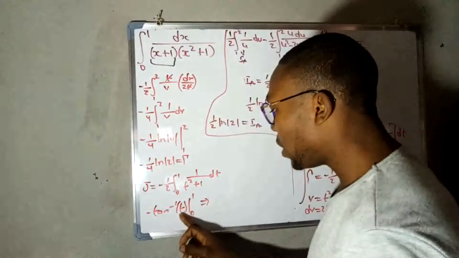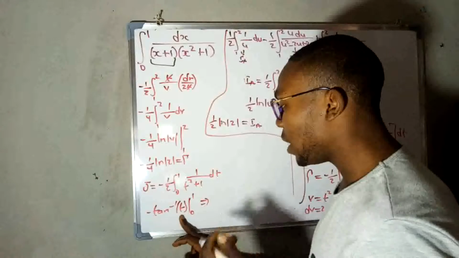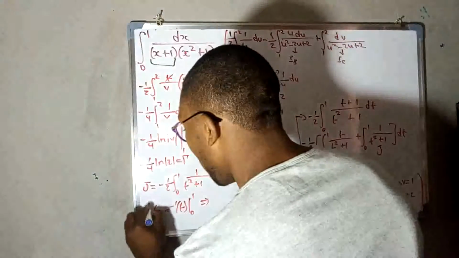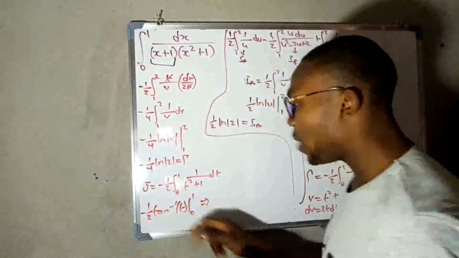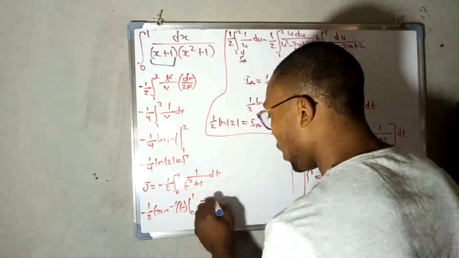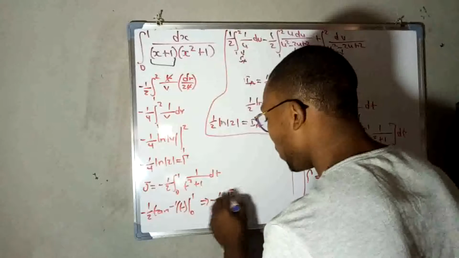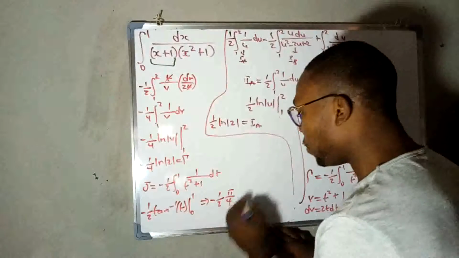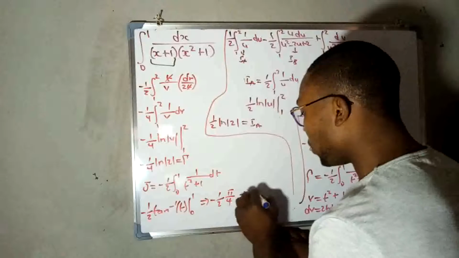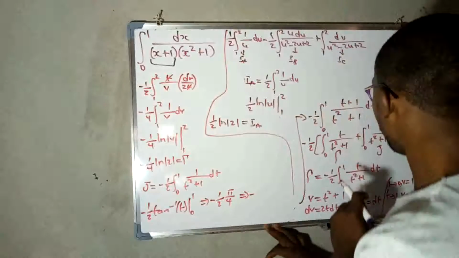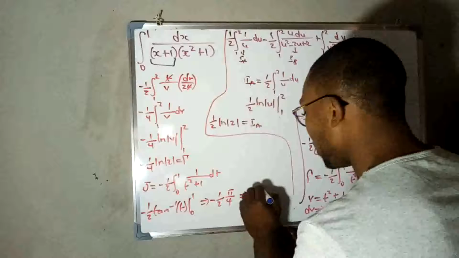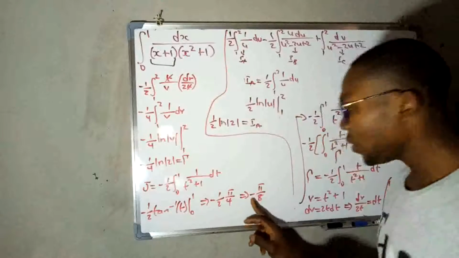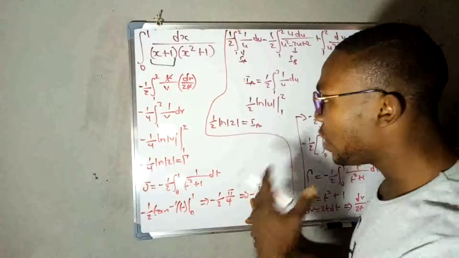When I plug in my 1 into my t, the inverse of tan 1 is nothing but pi over 4. Oh, sorry, I forgot to put my 1 over 2. The inverse of tan 1 is nothing but pi over 4. So I have my minus 1 over 2, and I have pi over 4. When I plug in my 0 into my t it is 0, so I don't have to put it. So therefore, this will be nothing but minus pi over 8.